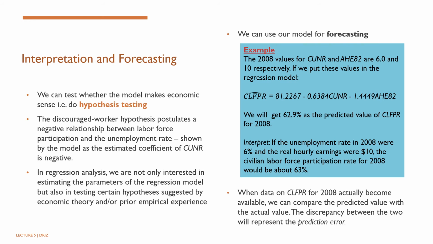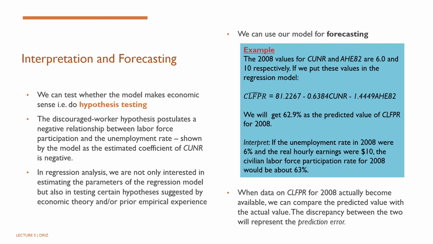So from the previous slide, we can see that our regression results seem to be in conformity with this hypothesis because the estimated coefficient of CUNR is negative. In regression analysis, we may be interested not only in estimating the parameters of the regression model, but also in testing certain hypotheses suggested by economic theory as well as prior empirical experience.